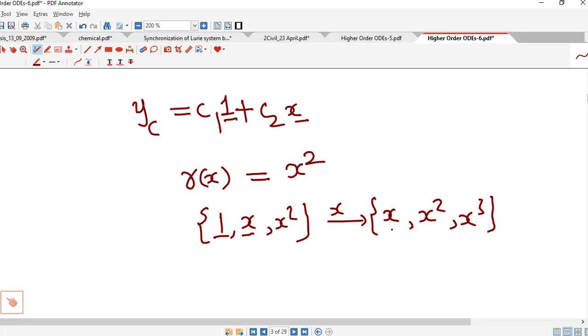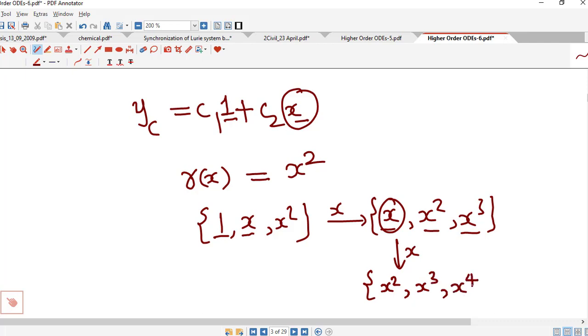Again we check whether any member of this modified family is present in the complementary function or not. So we have this x present in the complementary function, so we again multiply this family by x and find the new modified family. So this is x square, x cube, x raised to 4.